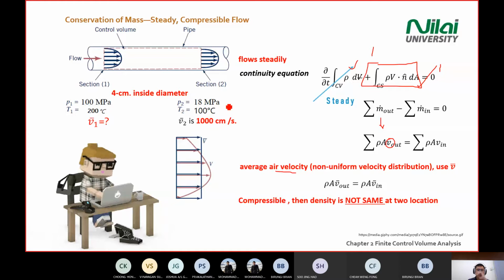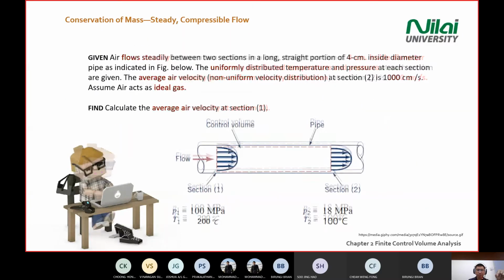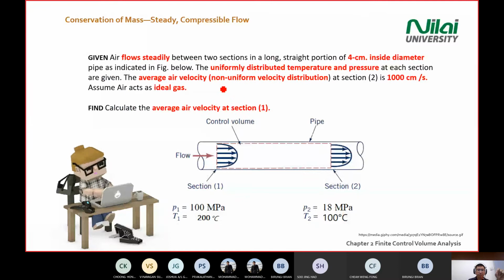And again, this scenario is compressible. Question 3 is incompressible flow. However, this one is compressible. Why? Because in the question just now, here, when you have a non-uniform velocity distribution, it means you have a compressible flow scenario.